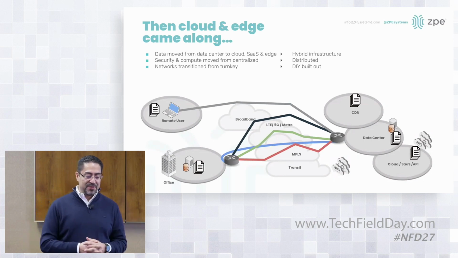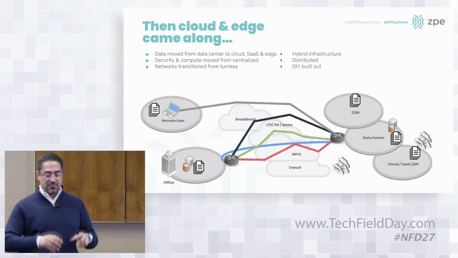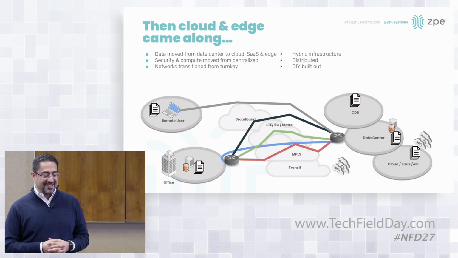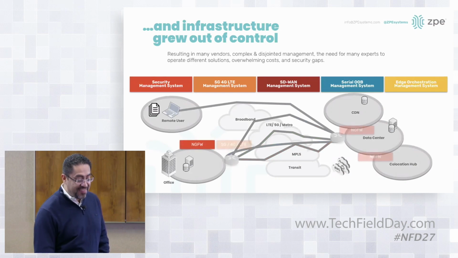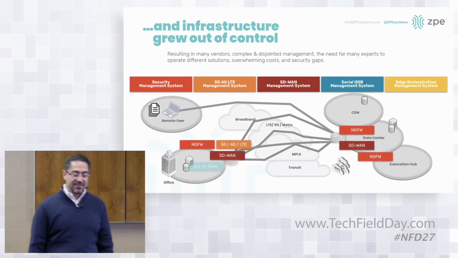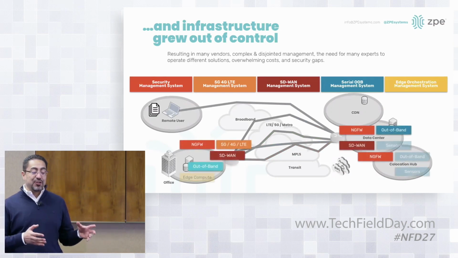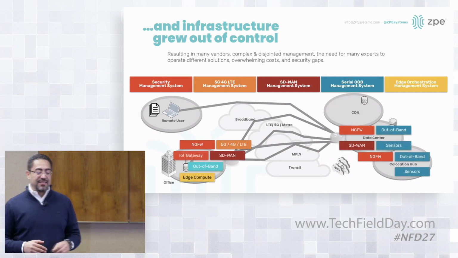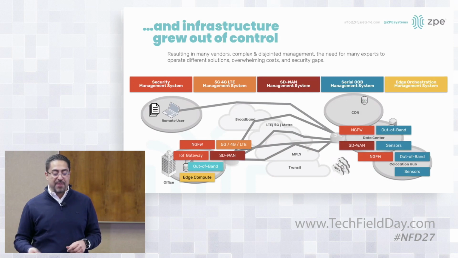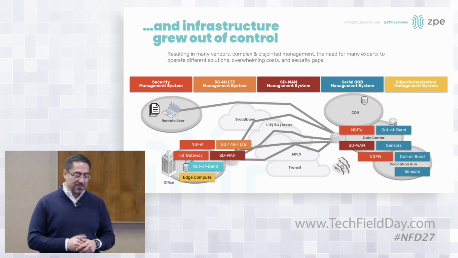You had broadband and 5G, and networks became hybrid, distributed, do it yourself, and then a whole bunch of things were needed to make that happen, right? You needed the security pushed to the edges of the network versus central. The SD-WAN became a thing to make sure applications work properly.